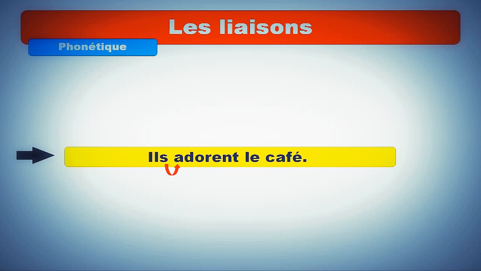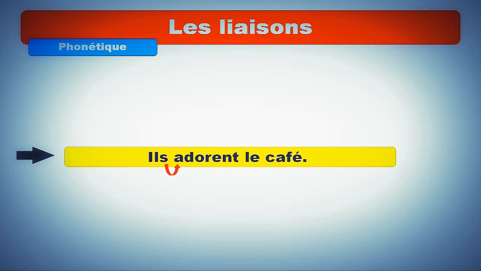The reason is that adore starts with a vowel, and in this case it's possible to make this small link between the S and the A. So actually liaison means link. If you want to link the words, you will get ils adorent le café. You can see the difference between the first one and the second one.